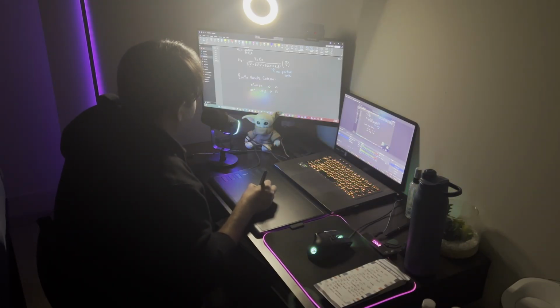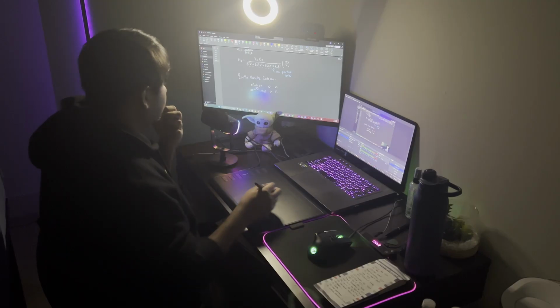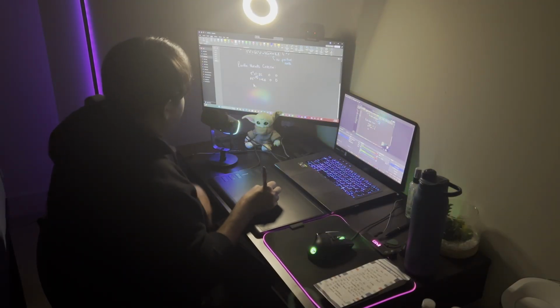Basically what we're going to do is subtract this, it's going to be multiplied, and then it's going to be added. And essentially what we're going to find is roots.